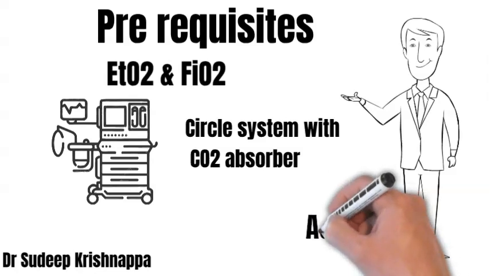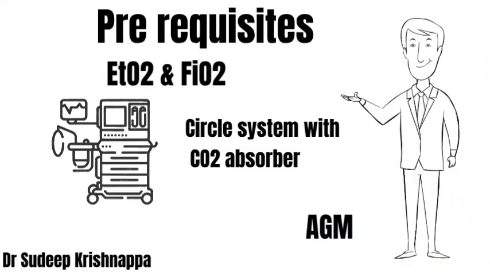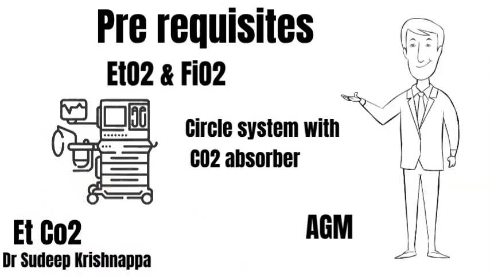The second important thing which is needed is an anesthesia gas monitor which has provision to monitor both the inspired and expired concentrations of the anesthesia agent as well as the oxygen and carbon dioxide. But the most important thing would be the willingness on the part of the practitioner to adopt or practice low flow.